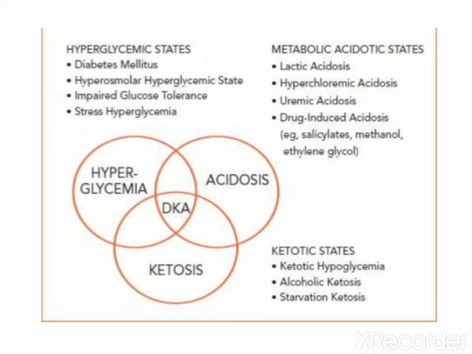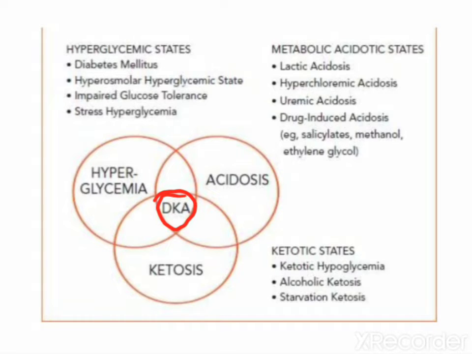This figure shows the hyperglycemic state, metabolic acidotic state, and the ketotic state. If all these three states arise in a patient, it will lead to diabetic ketoacidosis. Conditions where a hyperglycemic state can arise are diabetes mellitus, hyperosmolar hyperglycemic state, impaired glucose tolerance, and stress hyperglycemia.